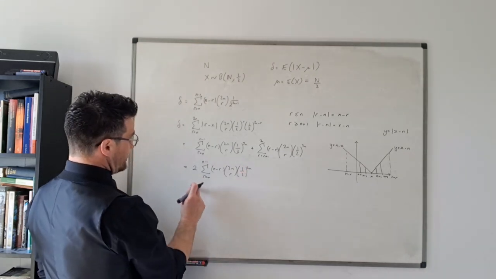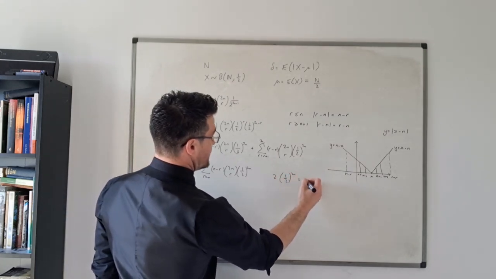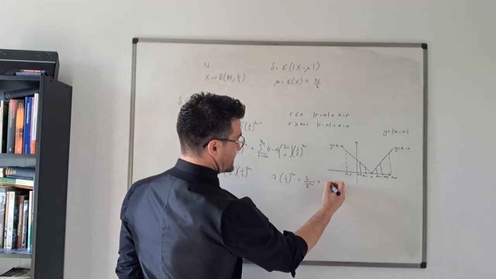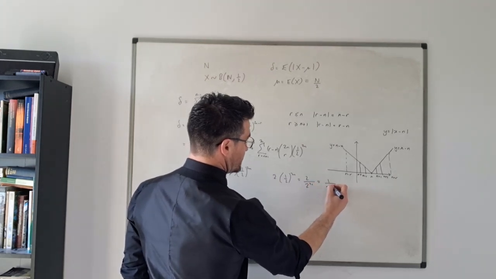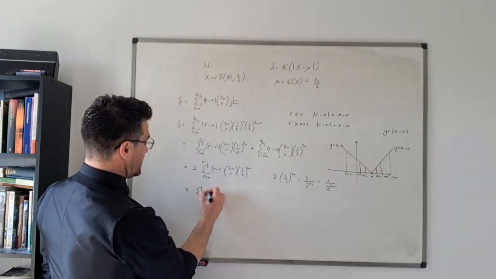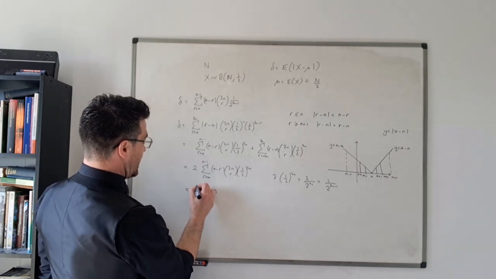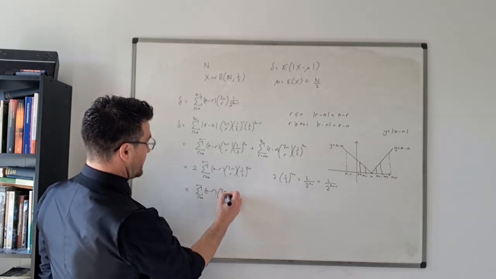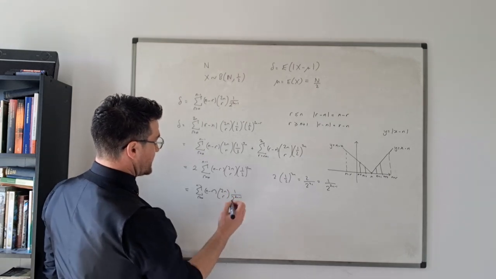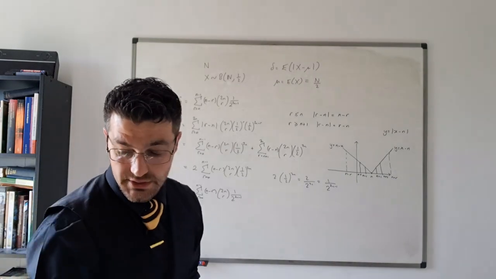Okay, so 2 times half to the power of 2n is 2 over 2 to the power of 2n, which is, of course, 1 over 2 to the power of 2n minus 1. So this is equal to the sum of n minus r from r equals 0 to n minus 1, 2n choose r, times 1 over 2 to the power of 2n minus 1. Okay, so far so good.